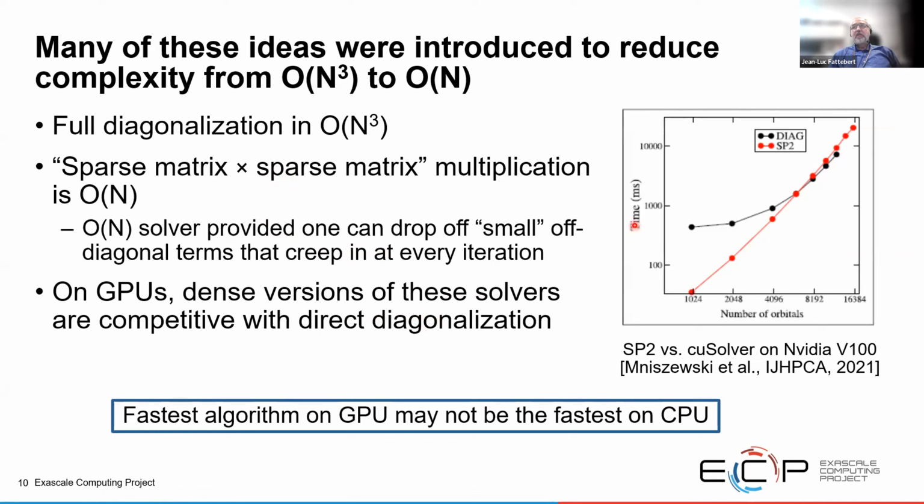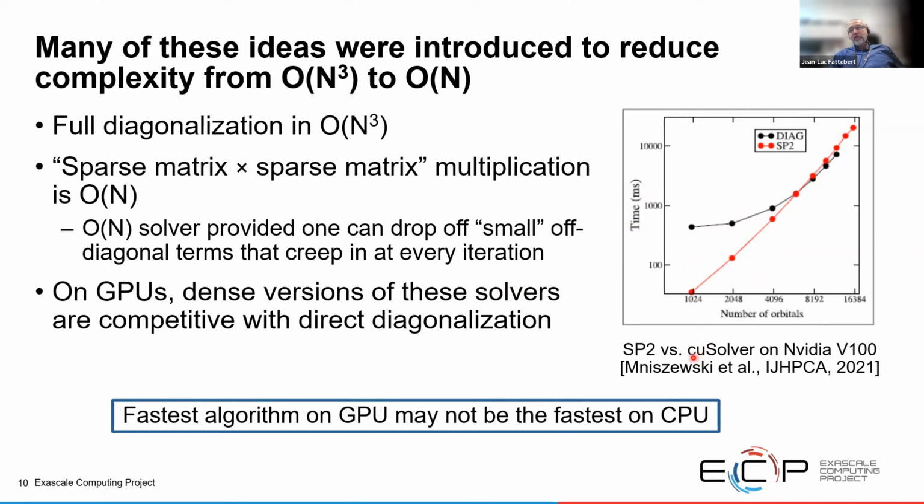Now, this was the original motivation, but what we find out now is that on GPUs, just because matrix multiplication is so much more efficient than advanced diagonalization, this type of algorithm is also efficient on GPU. And so this is an illustration on the right, where you can see, for example, for a matrix of 1,000 by 1,000, this SP2 algorithm that I showed on the previous slide becomes much faster than advanced diagonalization.